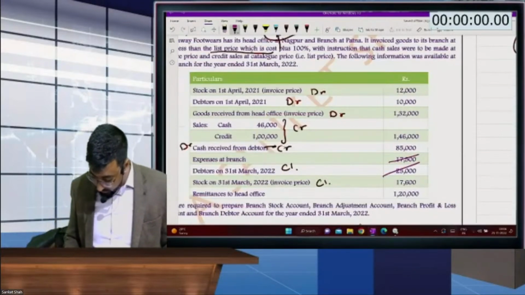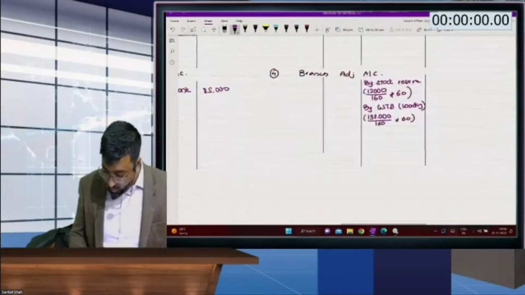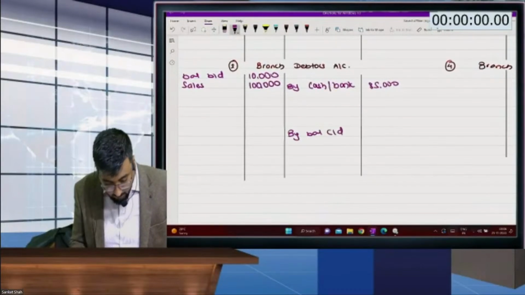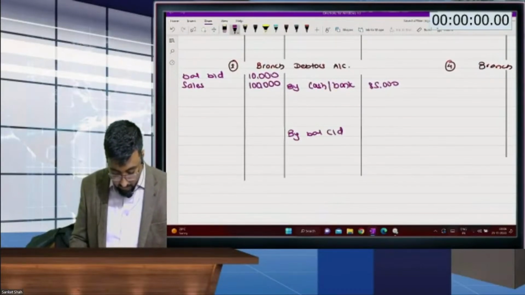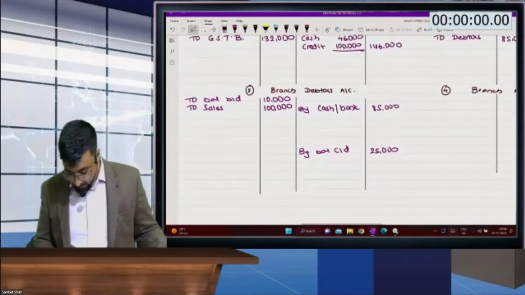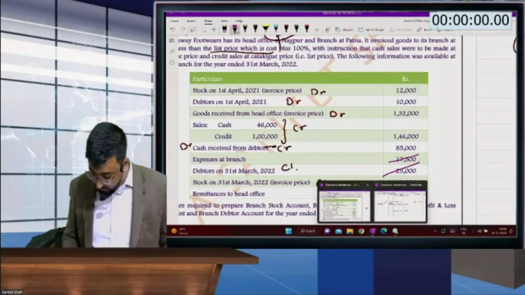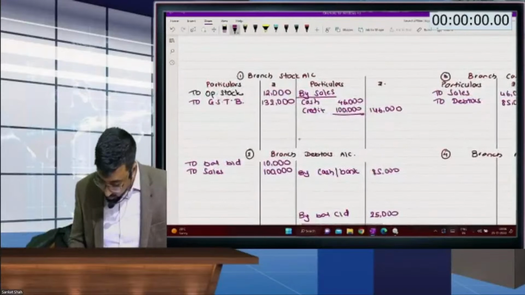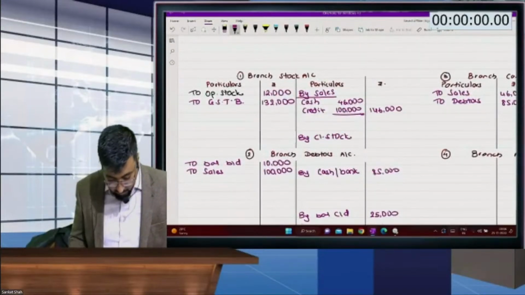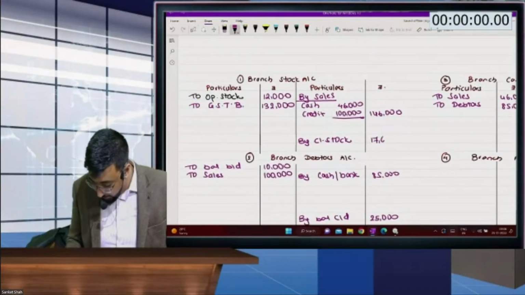Debtors closing 25,000. Debtors closing by balance carried down 25,000. Stock closing by closing stock 17,600.